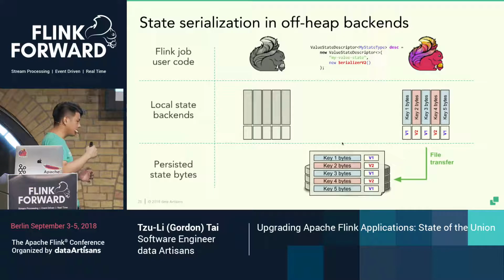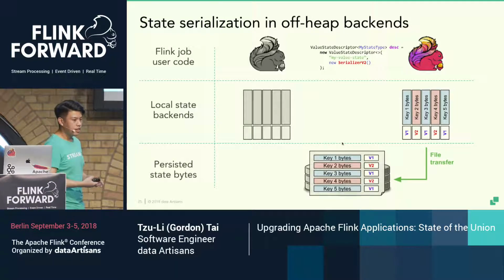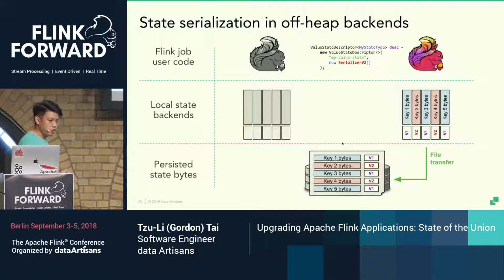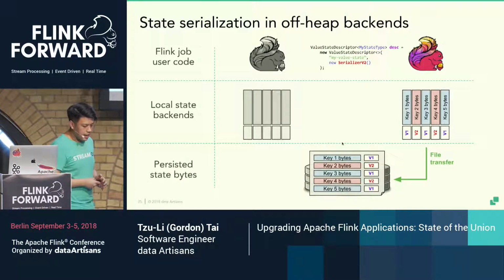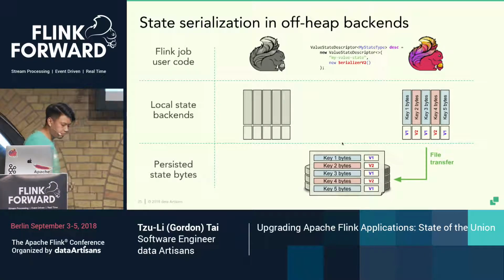It gets even more complicated when, let's say, on the third execution, we change to serializer version 3. Then the savepoint would potentially have 3 versions of schemas within there. Okay, so this is where it gets very complicated on how to implement a general state migration procedure within Apache Flink.